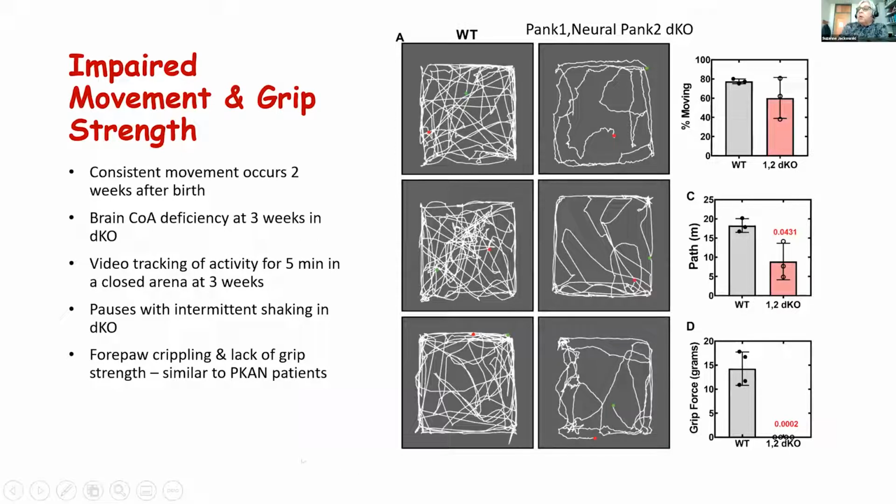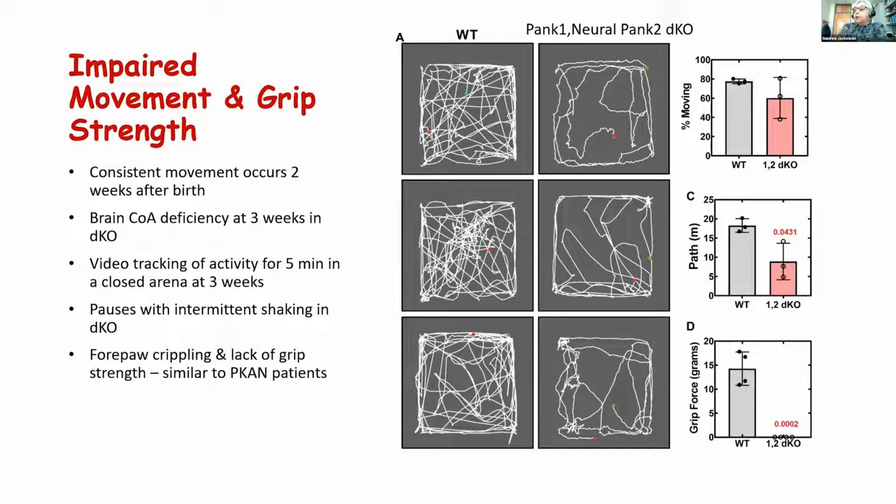Now, when the brain CoA deficit occurs during development in this model, a problem with movement becomes evident. Here we show a pattern of movement of mice during a 5-minute activity period in a closed arena. The activity was monitored with video, and we can see irregularities in the pattern of the movement of the model compared to the wild-type matched animal.